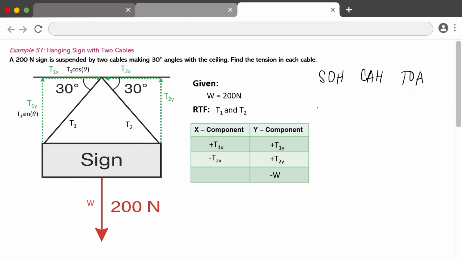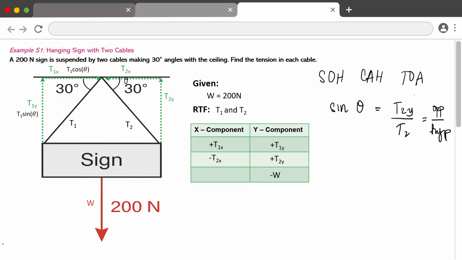Let's start with T2y. If we take the sine of this angle right here, 30 degrees in this case, then if this is our theta, similar to this right triangle, then sine theta is equal to T2y over T2, because this is the opposite of that angle right here, and T2 is the hypotenuse.